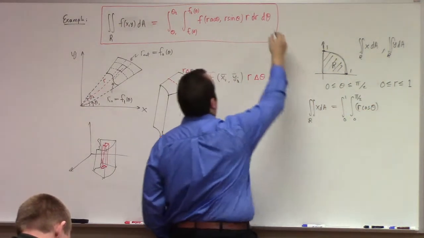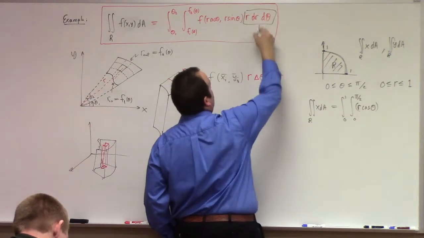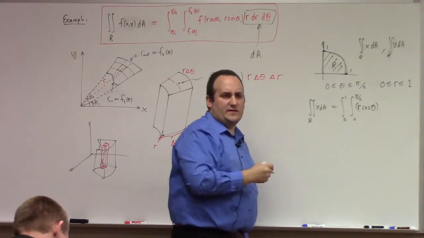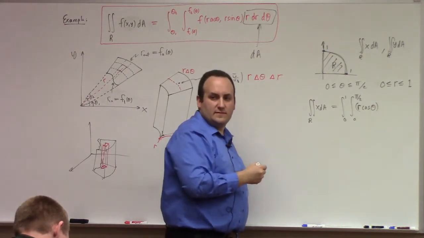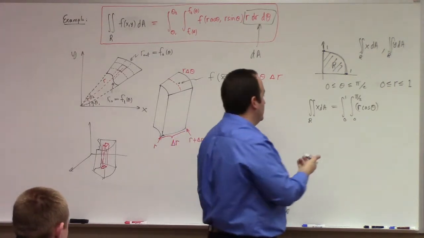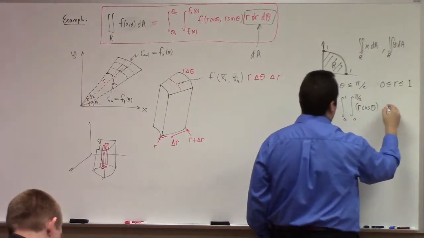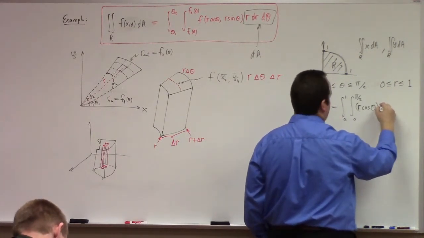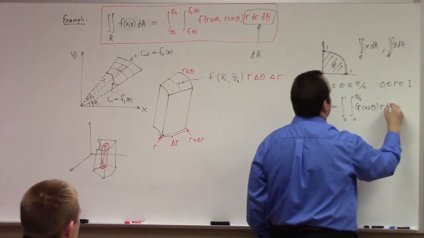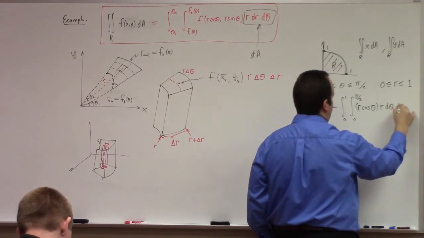One way you can think of it is this is dA in polar coordinates. What's dA in Cartesian coordinates? It's dx dy, right? So this is r dr d theta.